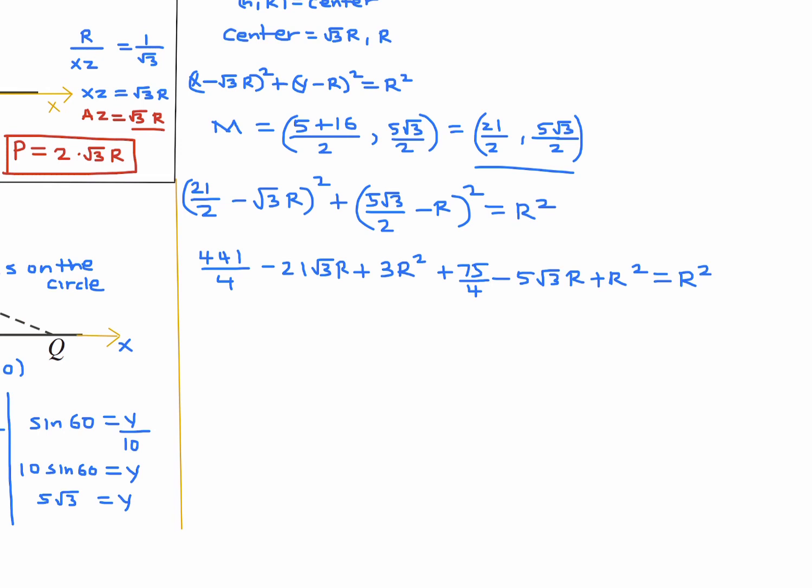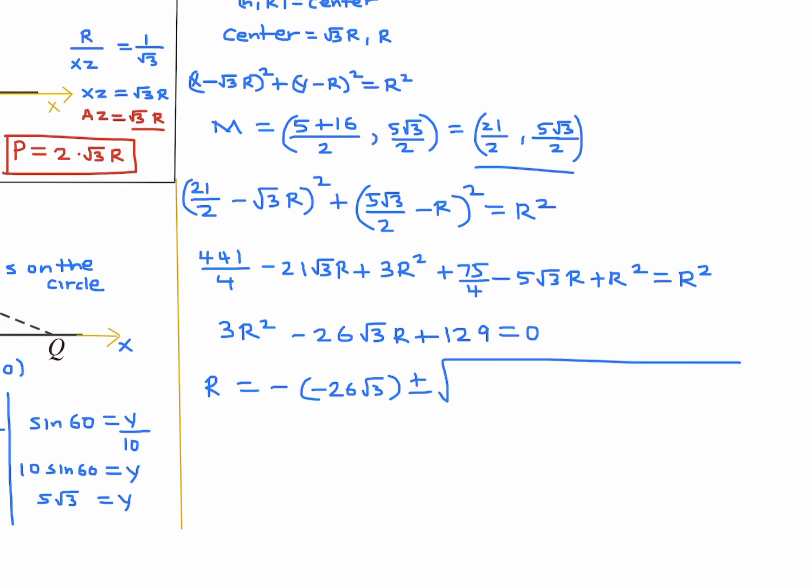Simplify and put everything on one side, and we get 3r squared minus 26 root 3 r plus 129 is equal to 0. Now, of course, we have to use the quadratic formula, so r is equal to 26 root 3 plus or minus the square root of (26 root 3) squared minus 4 times 3 times 129, all over 2 times 3.